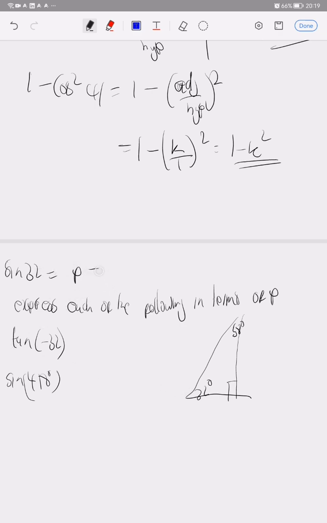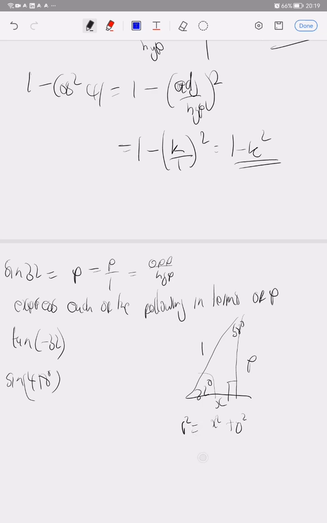Remember, sine is p over 1, which is opposite over hypotenuse. So my opposite is p, so I'm standing here. My opposite will be p. My hypotenuse will be 1. So I'm just left with an x. So we solve for x.